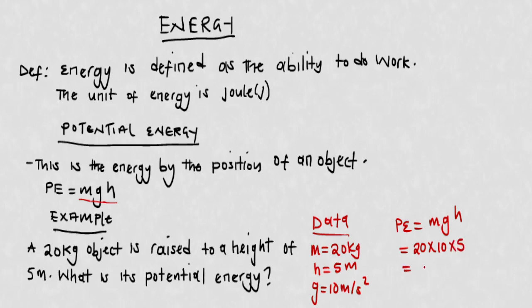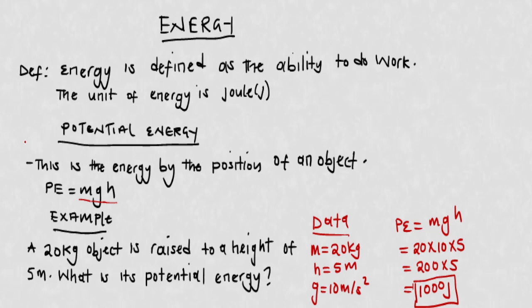So 20 times 10 times 5. 20 times 10 is 200, and 200 multiplied by 5 we get 1000. So we have 1000 joules, that is what we get as our potential energy.